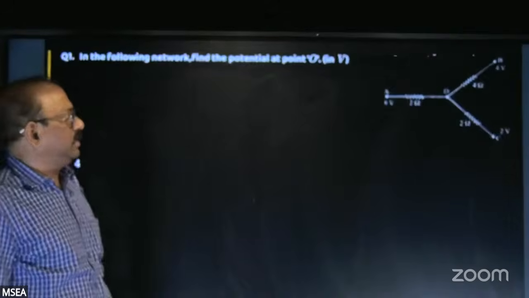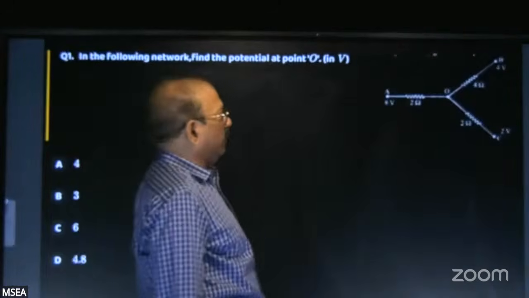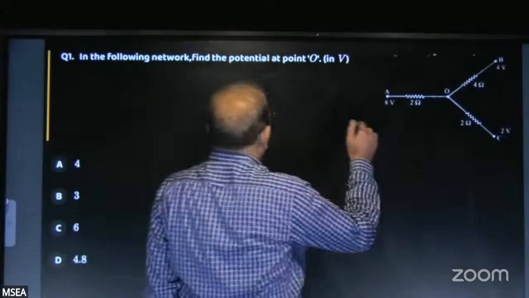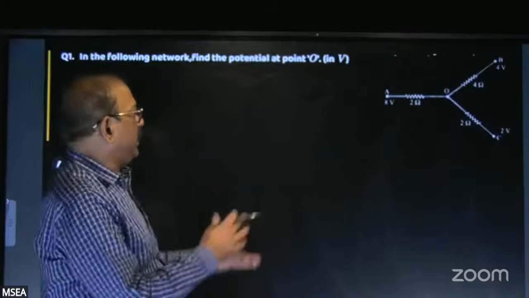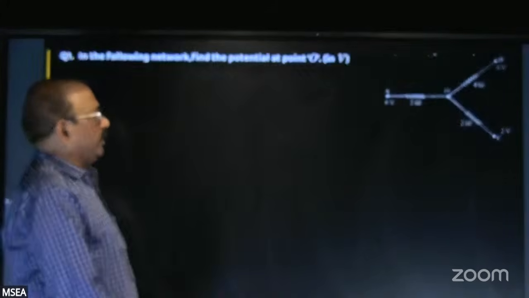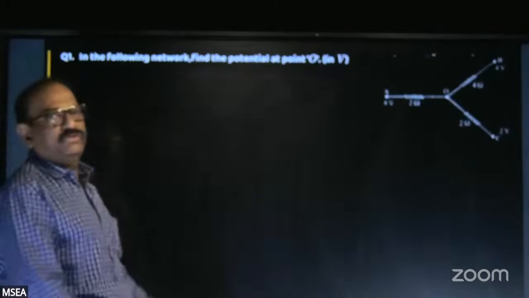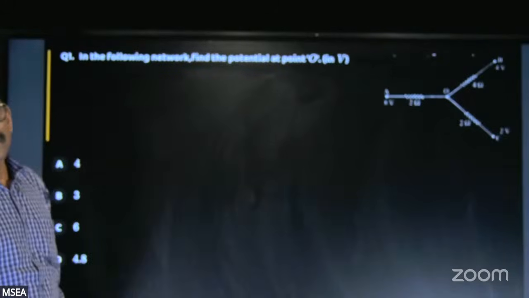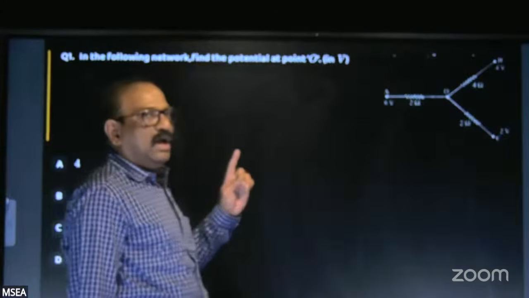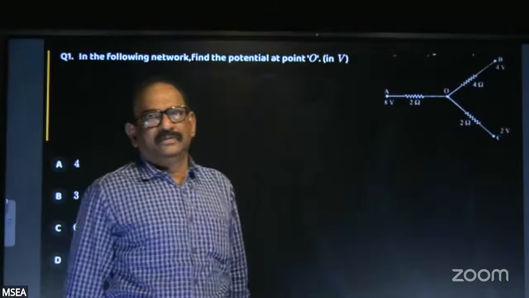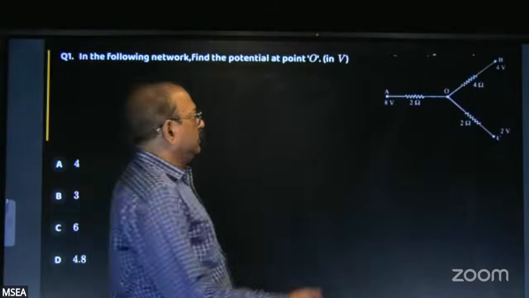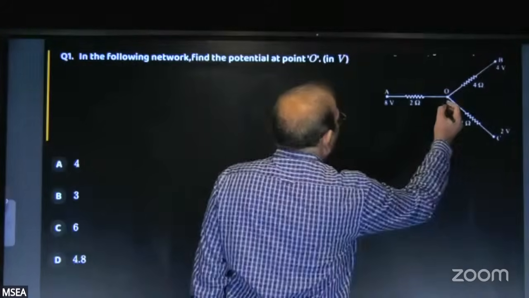So in this problem, when you look at that junction, immediately you get the idea that we need to apply Kirchhoff's junction law, along with Ohm's law, to get the solution.